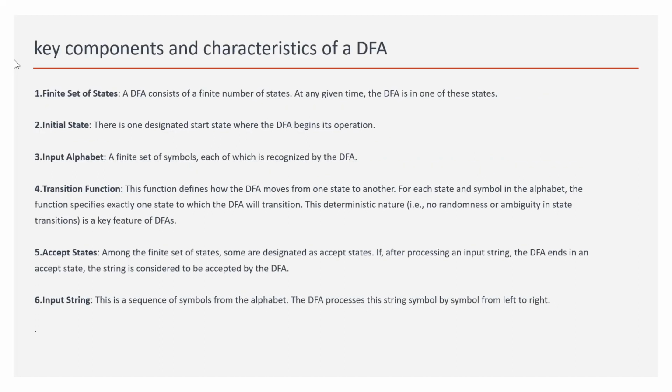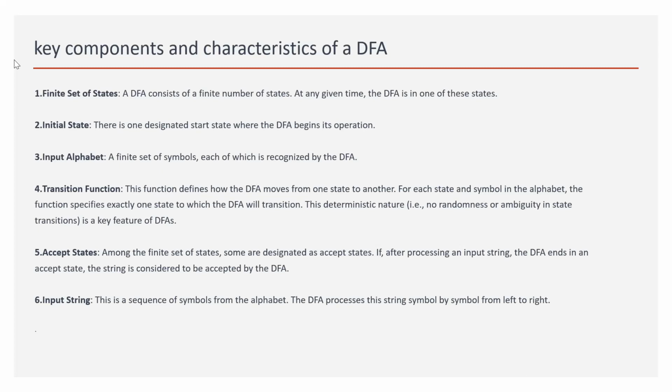So, the key components and deterministics of a DFA. First of all, we have a finite set of states. A DFA consists of a finite number of states, and at any given time the DFA is in one of these states. Initial state: there is one designated start state where the DFA begins its operation. Input alphabet: a finite set of symbols, each of which is recognized by the DFA.